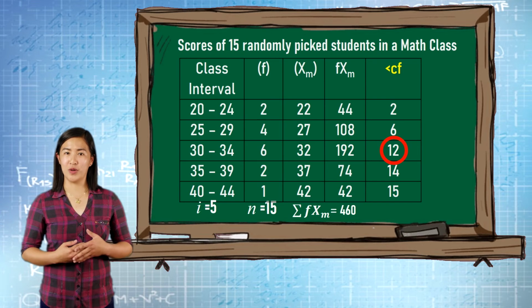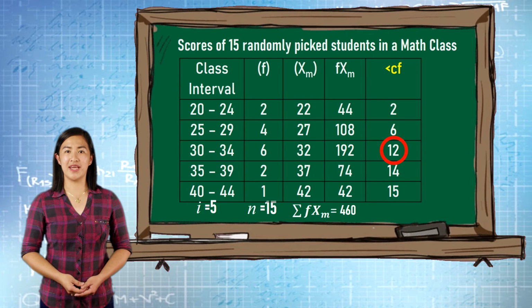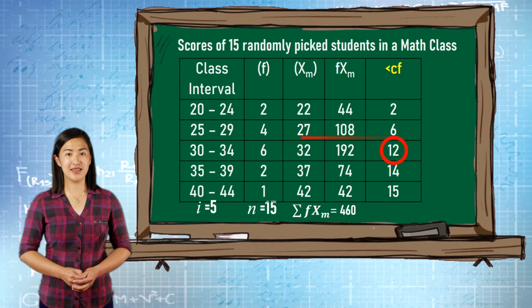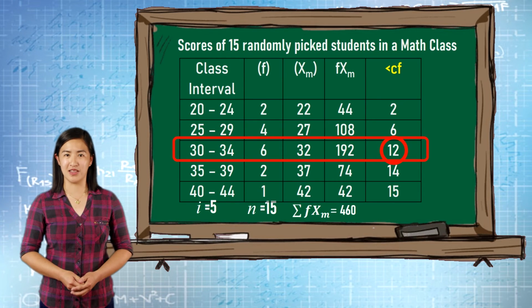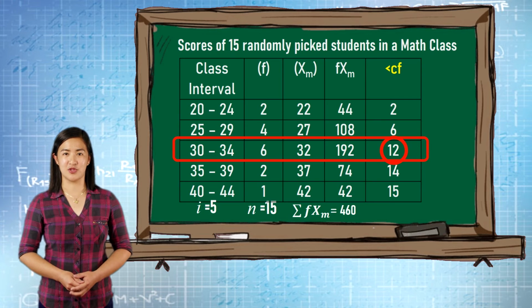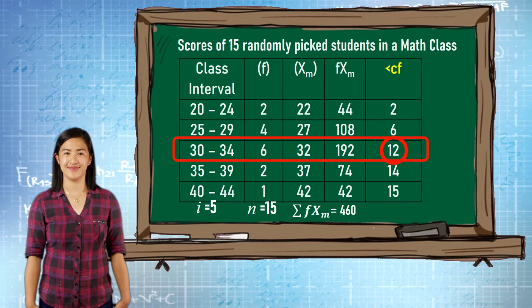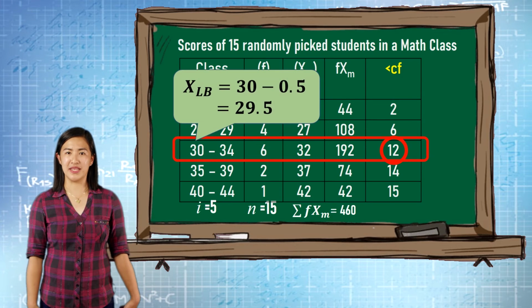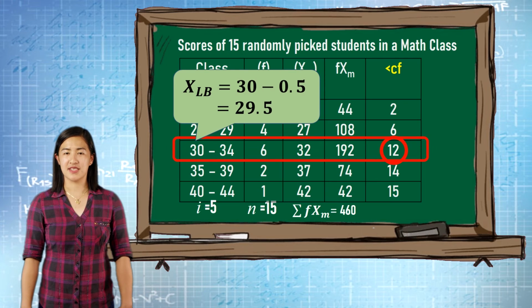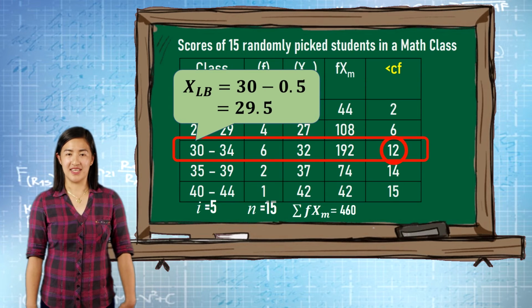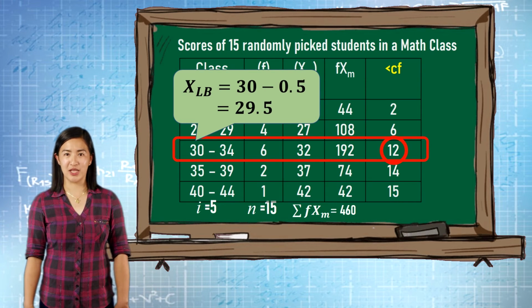In getting the lower class boundary, we get the lower value of the median class under the class interval column. Then, subtract 0.5. X sub LB now is equal to 30 minus 0.5 is equal to 29.5.